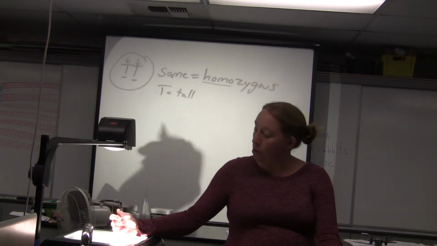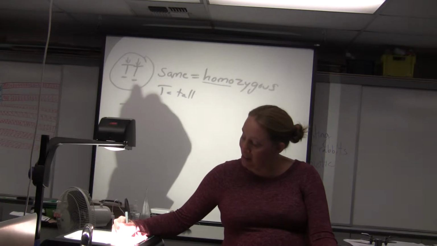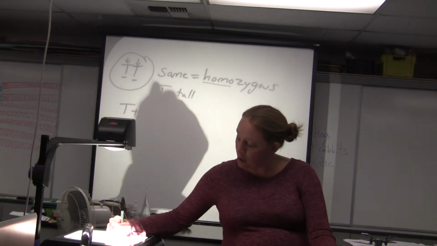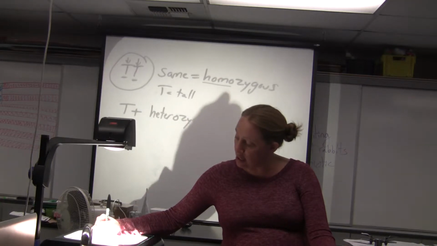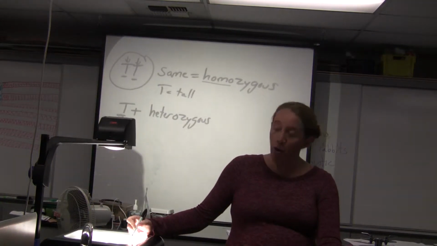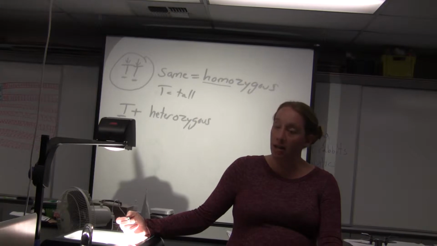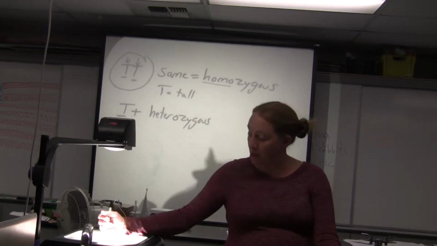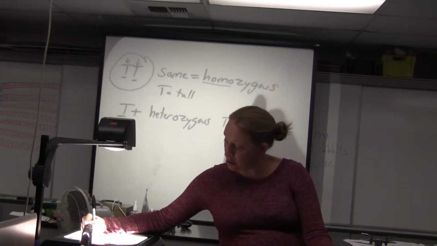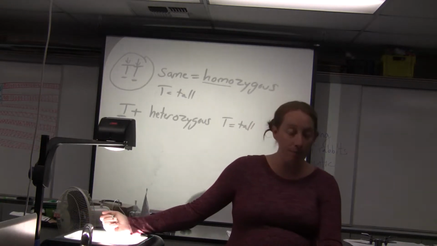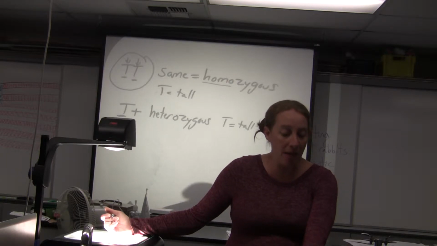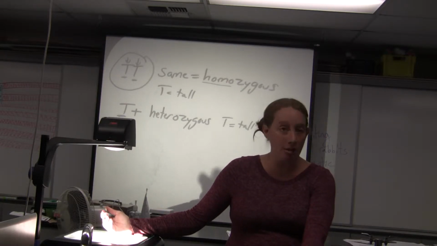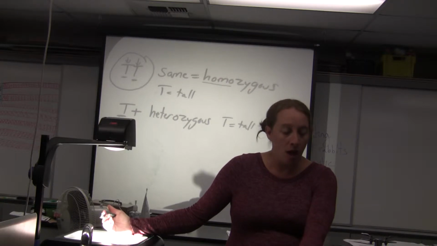But if you are heterozygous, big T, little t, hetero meaning different, then the big one always wins. So in this case, big T would mean this person is going to be tall. In the case of the SpongeBob, if you see the second one, big B, little b, the big B wins, whatever it is.